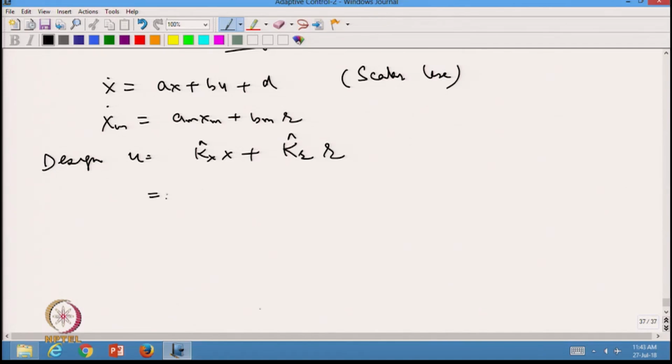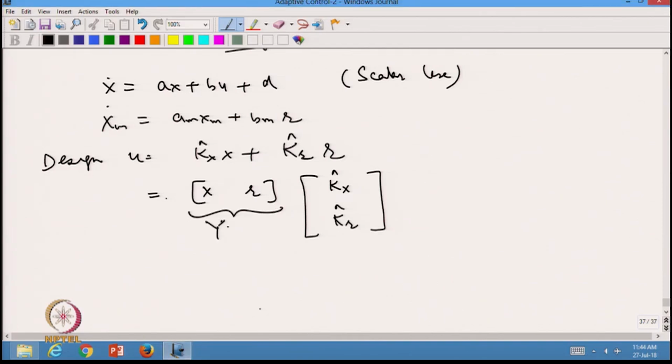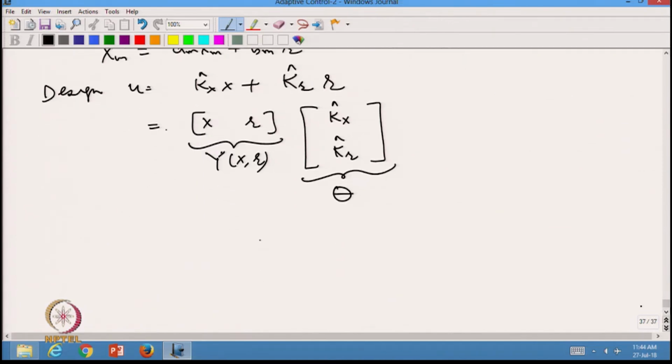So, we have x and r, and I combine these into one, and I call this the regressor y, which is a function of x and r, and I call this theta, which is the vector of unknown parameters.